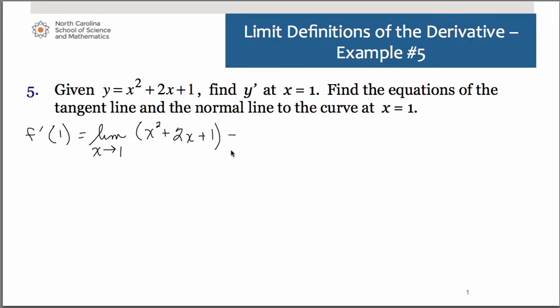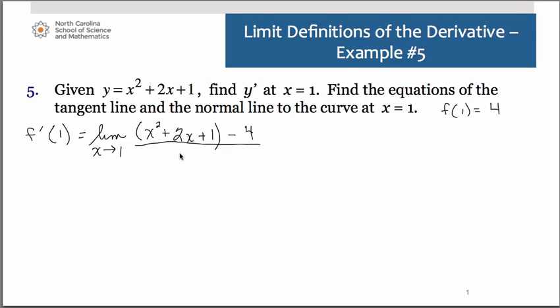So in this case, we need the function value at 1. So we need to find essentially f of 1 on our own. In many of our other examples, it was given to us in the ordered pair. So we need to substitute 1 into the function. And when you do that, you do get 4. So this will be minus 4.